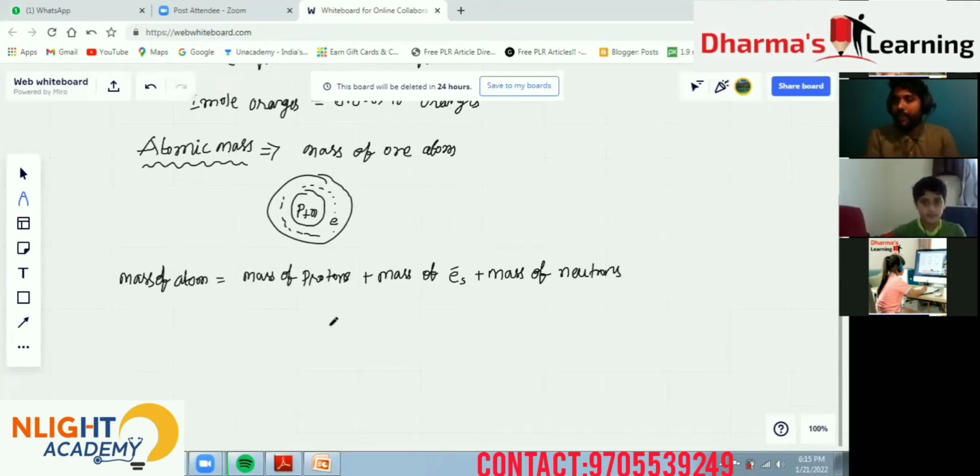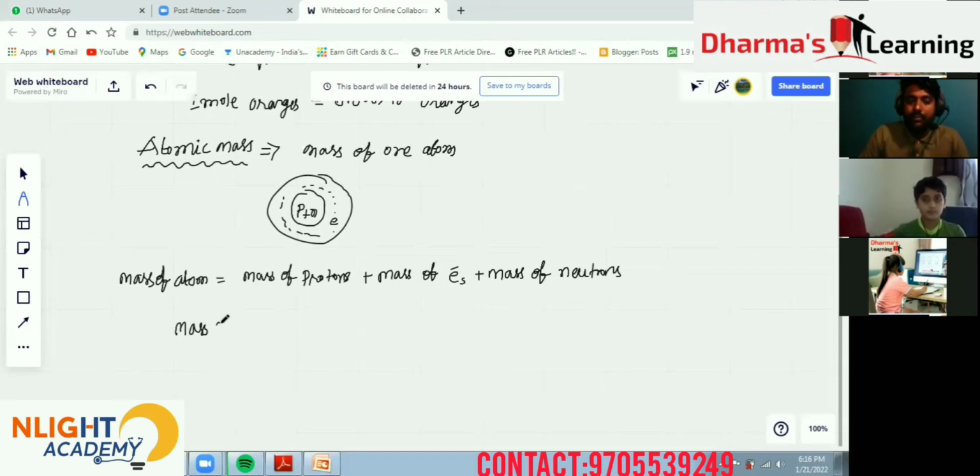From wherever you take the proton, in all the atoms its mass is the same. It's the same way for electron and neutron also. So let me write here the mass of proton, electron and neutron.